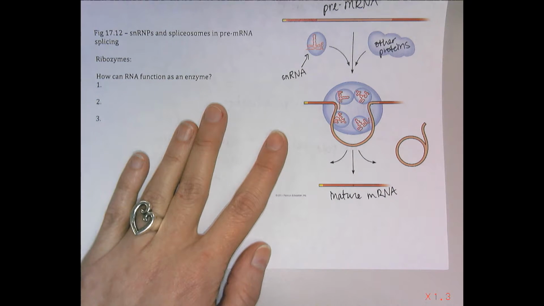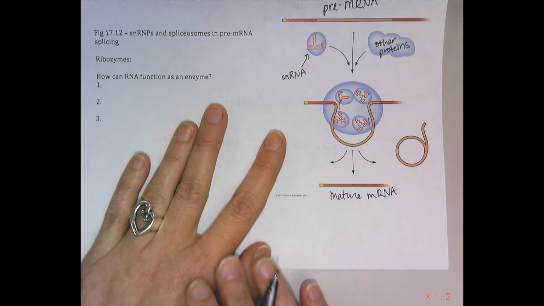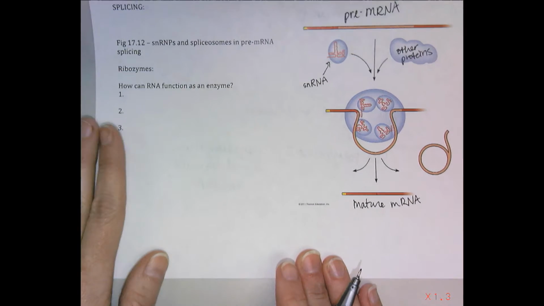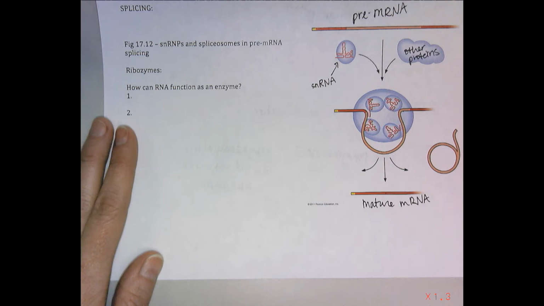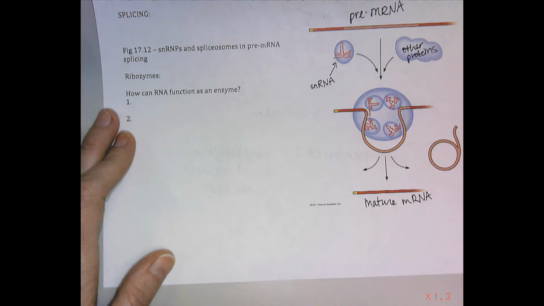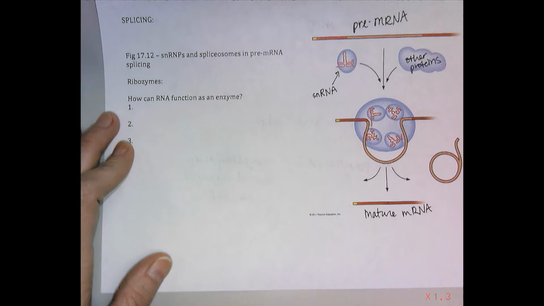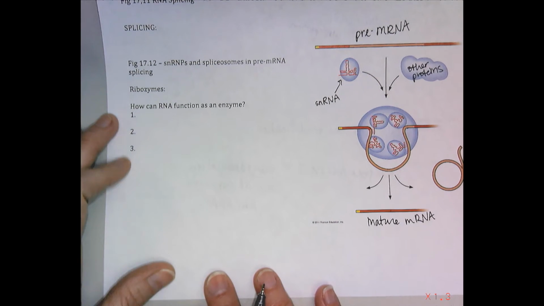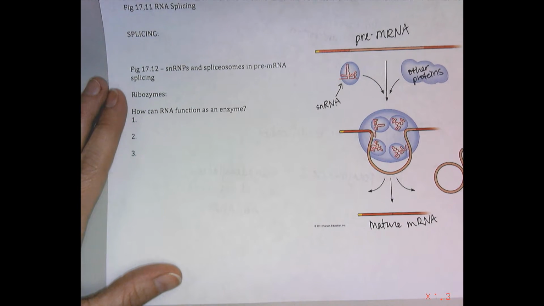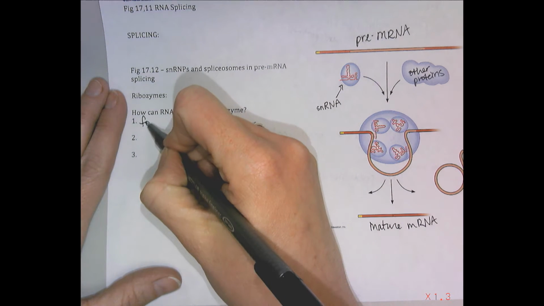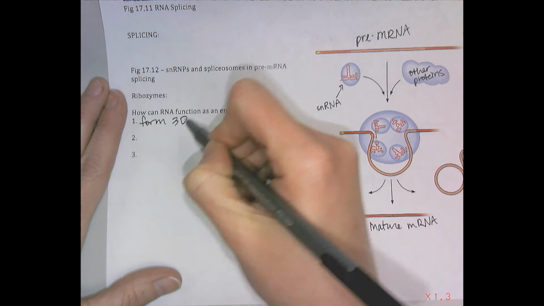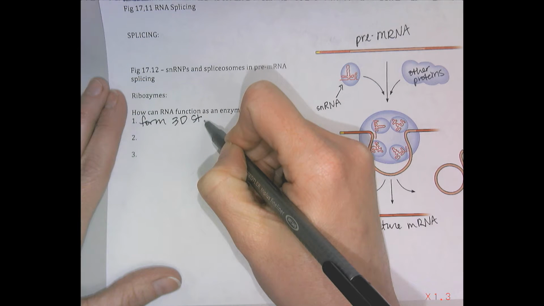So interestingly, because of this, we sometimes talk about RNAs functioning as an enzyme. And this is a really interesting section of biotechnology that we could spend hours talking about. There are 3 properties of RNA that can enable it to function as an enzyme. It can form a 3-dimensional structure because it can base pair with itself.